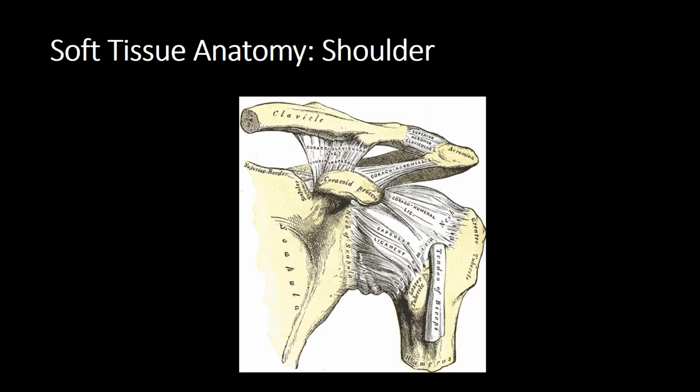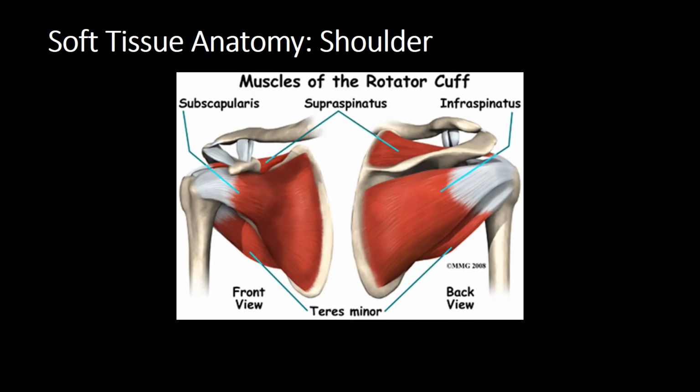So let's move on now and look at the muscles of the shoulder. There are four muscles that make up the rotator cuff: the supraspinatus, the infraspinatus, teres minor and subscapularis, and this is frequently shortened to the term SITS, S-I-T-S, the SITS muscles.